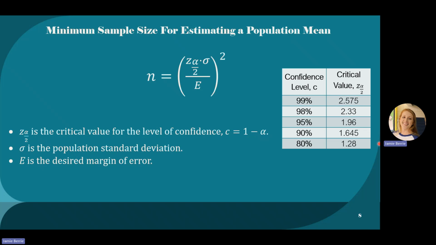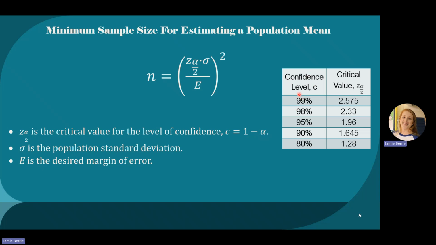What do I need my sample size to be so that I can get to that confidence level without having a super wide interval? This formula tells you the minimum sample size. So what's the smallest number of people or animals or whatever that you would need to sample to estimate the population mean to this level of confidence?